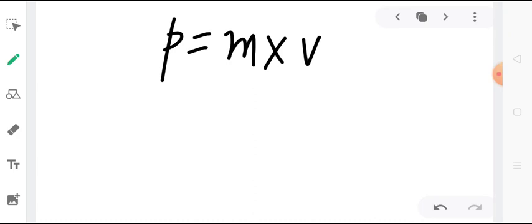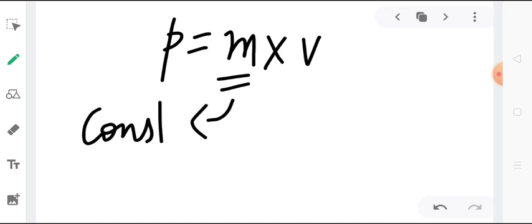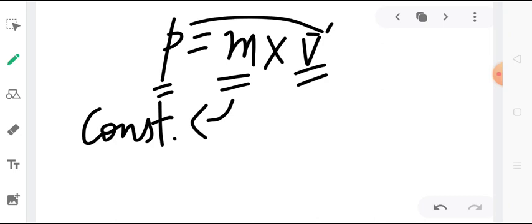Out of these two, mass is a constant quantity. It does not change. So obviously, change in momentum is directly related to change in velocity. So whenever we talk about change in momentum, actually there is a change in velocity of the object. So initially, if the velocity is u, and finally the velocity becomes v.